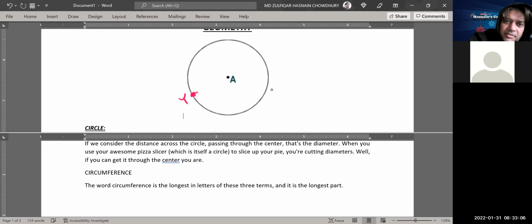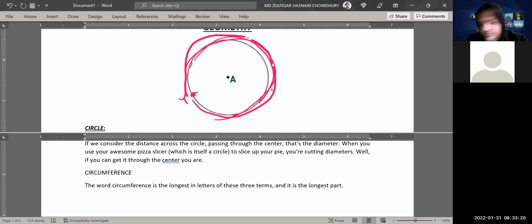Starting from X, you come to Y around the circle. So this is the circumference, and this is the longest distance of a circle. So there are three distances: small, medium, and the longest. The radius, diameter, and circumference.